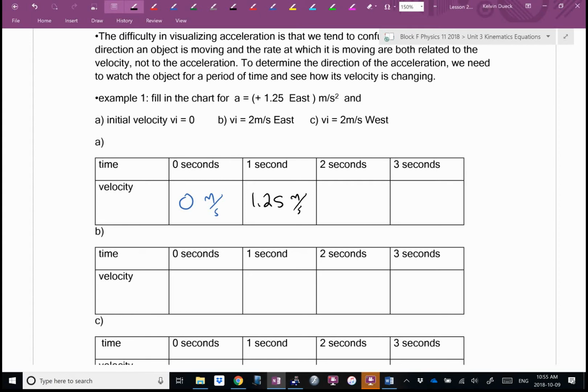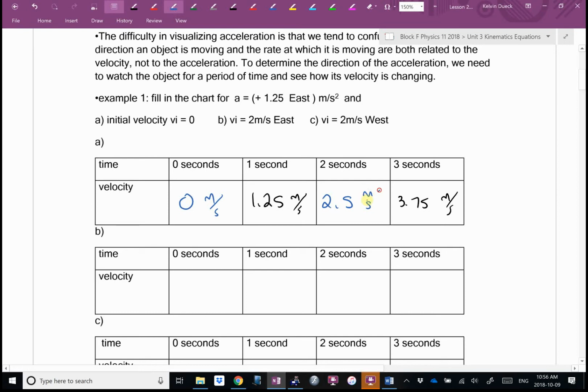After 2 seconds, now how fast are we going? Can anyone do the math in their head? After 3 seconds, now how fast are we going? And I wrote seconds because I'm dumb.